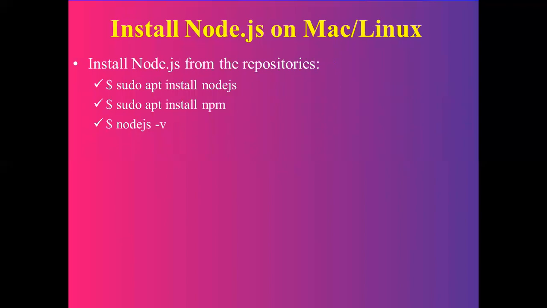Or you can simply use commands like sudo apt install nodejs or sudo apt install npm. After successful installation, you can check the version of Node.js with the command nodejs -v. Using these commands, you can install Node.js on your Linux environment. These are some installation steps for installing Node.js on Windows or Linux.